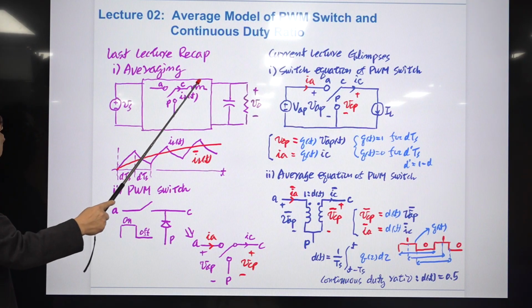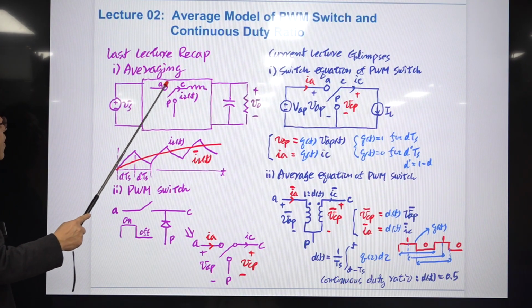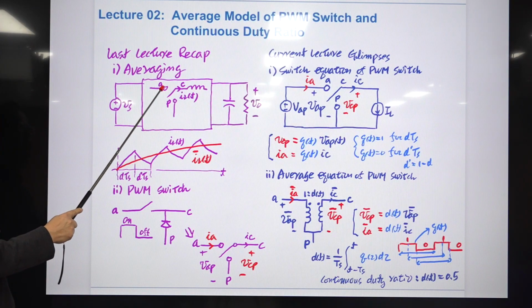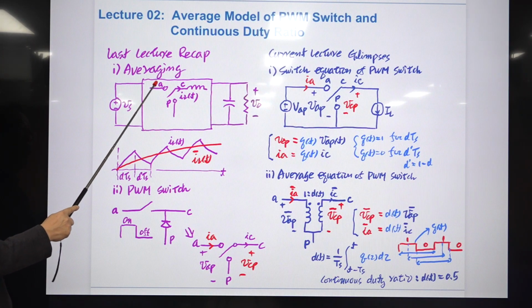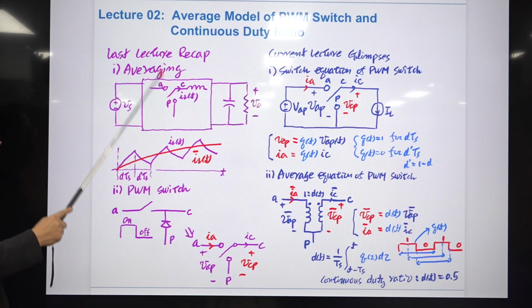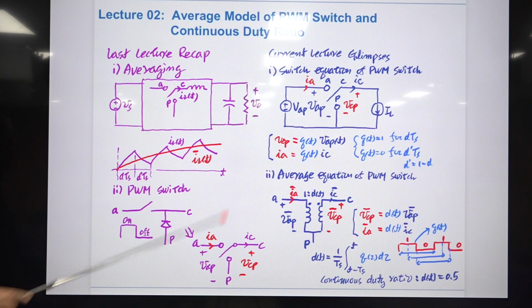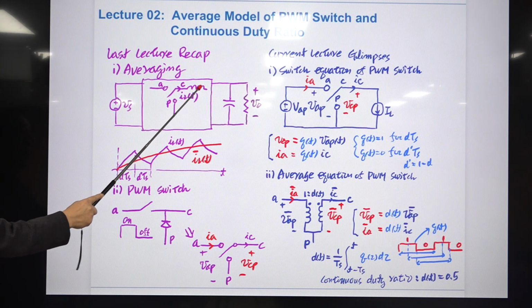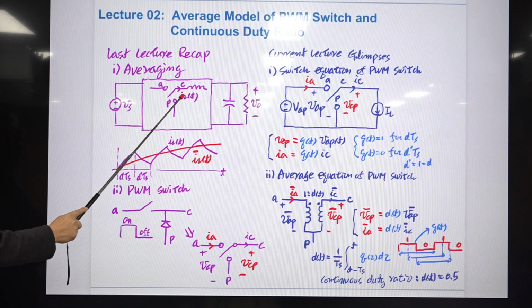In between we have this switch and inductor. This is the A terminal where the active switch is connected, and this is the P terminal where the passive switch is connected, and the C refers to the common terminal connected to the inductor, and this iL(t) is the inductor current.